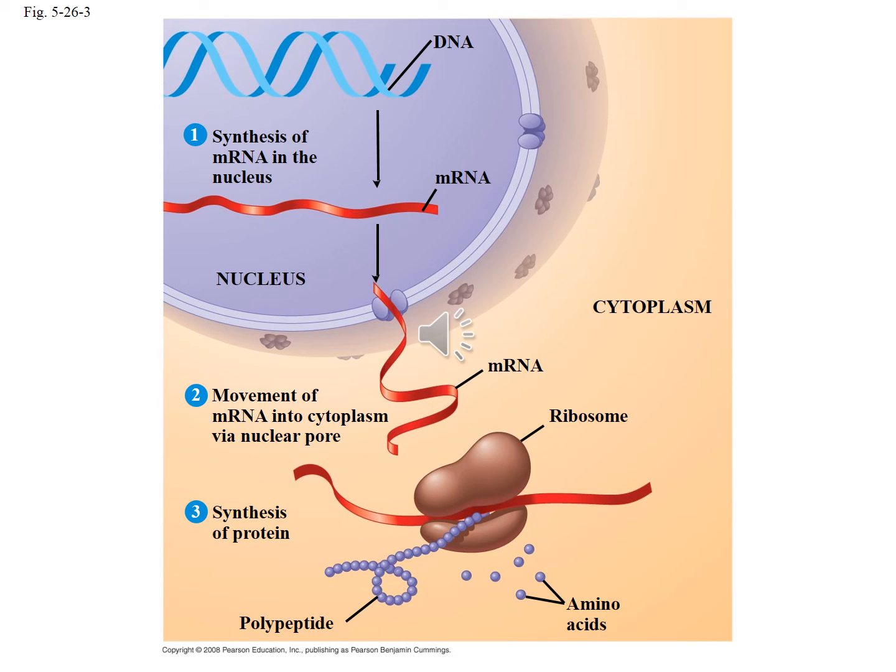If you look down at the bottom of the screen, those individual purple dots are amino acids that are being brought in to the ribosome as it reads the mRNA, and a polypeptide is being synthesized, being produced. That polypeptide is the primary structure.